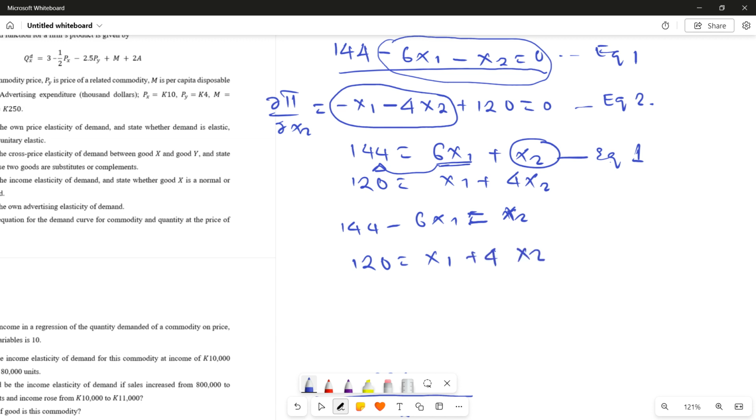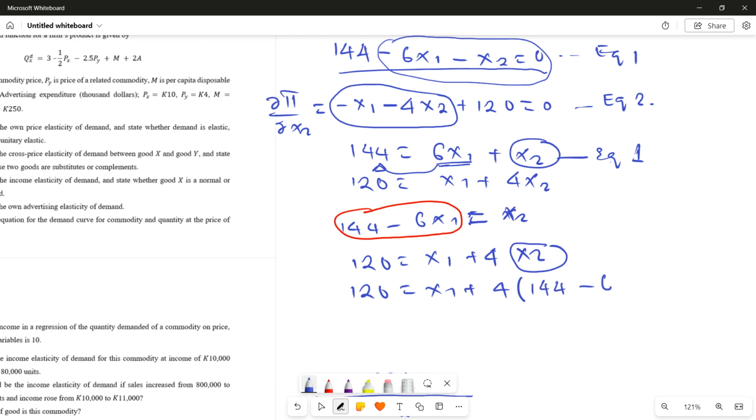Where there's x2, we can put 144 minus 6x1. So 120 will be x1 plus 4 open brackets, 144 less 6x1.